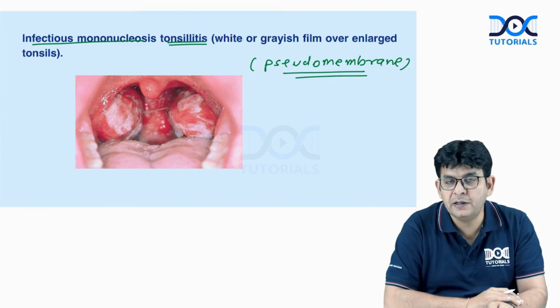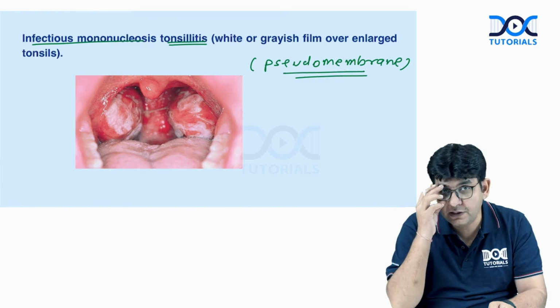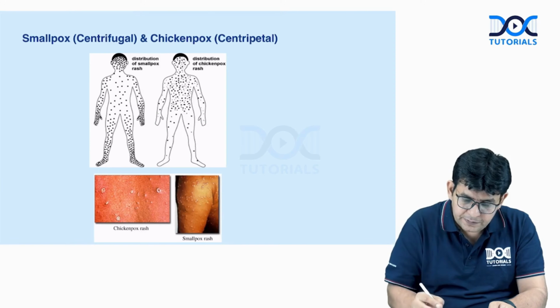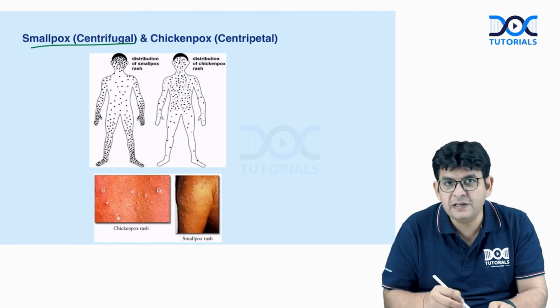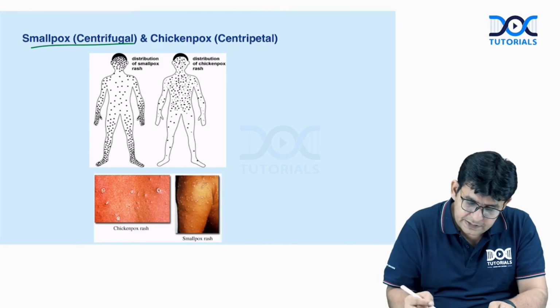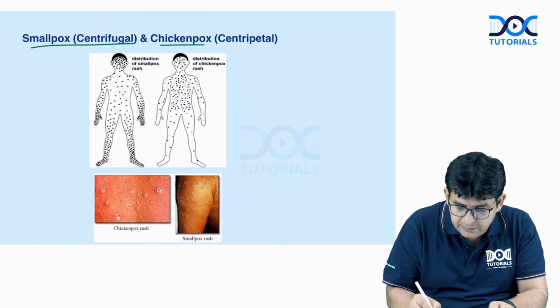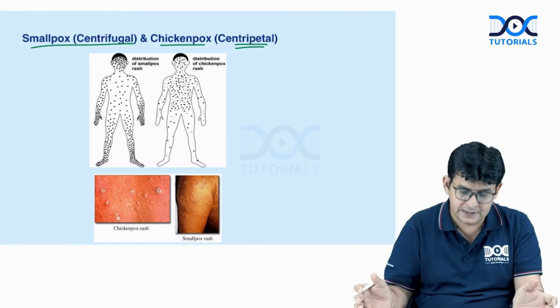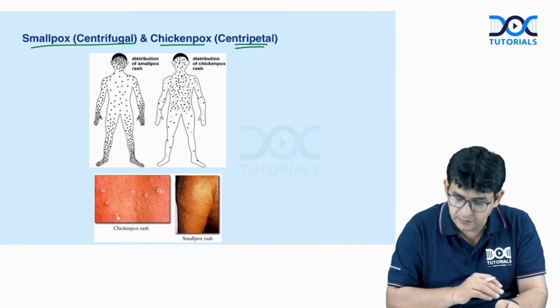And when you give the drug ampicillin, there might be a fixed drug eruption observed. Smallpox has a centrifugal appearance of the rash, and chickenpox has a centripetal one, more on the trunk and less distally, and the other way around in smallpox.